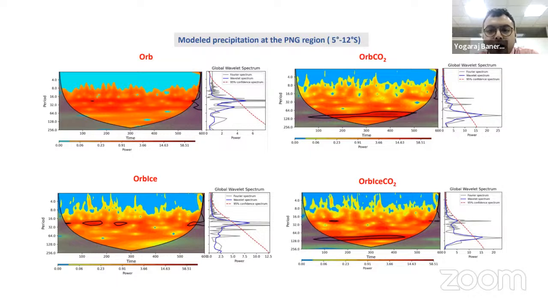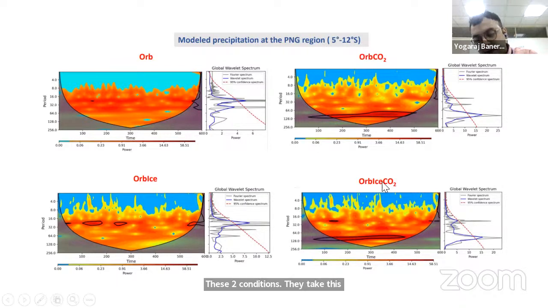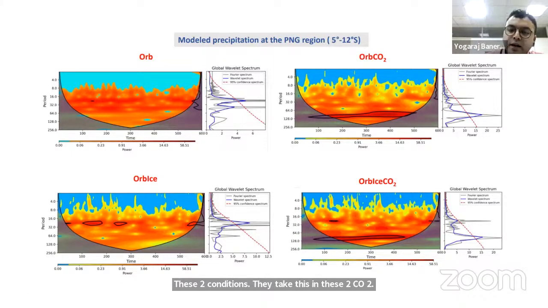However, in the orb CO2 and orb ice CO2 conditions, these two particular groups, we have a dominance of the 100 kilo year cycle.